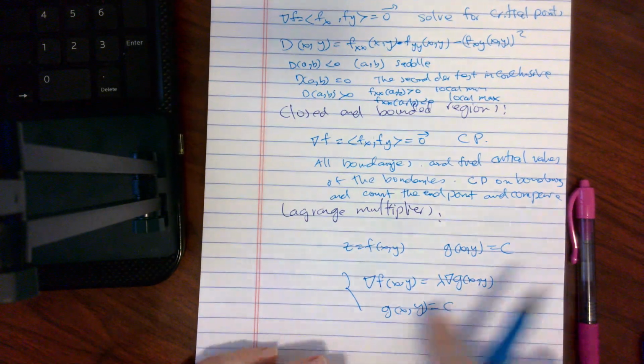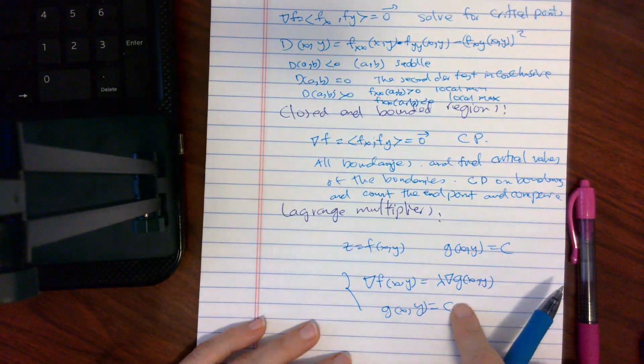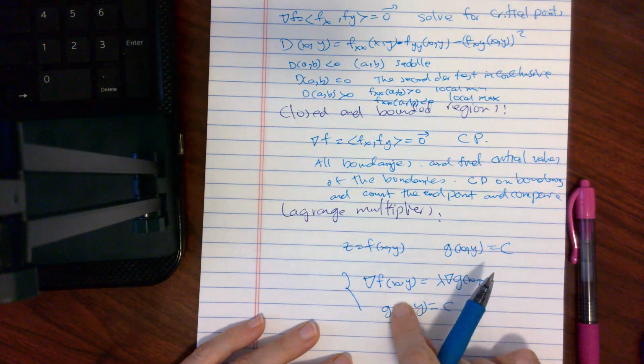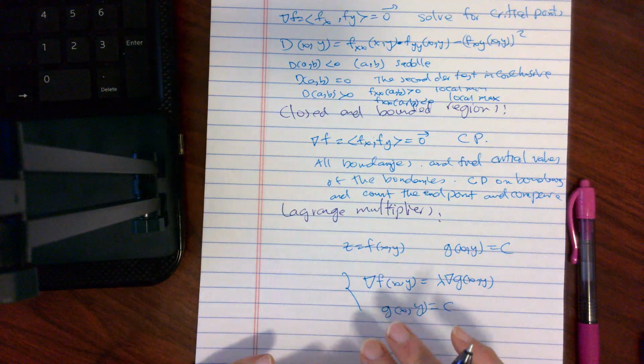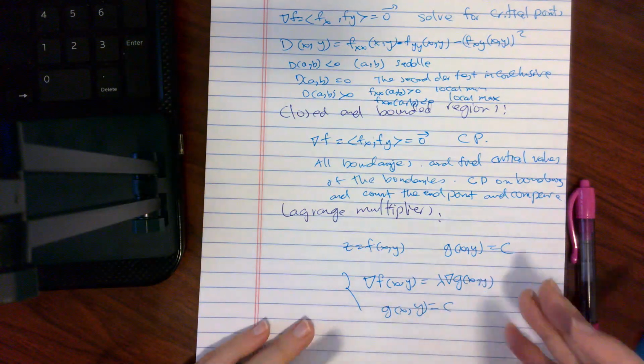If you solve for x and y in these equations, which in this case is 3 equations, you will find points of interest.